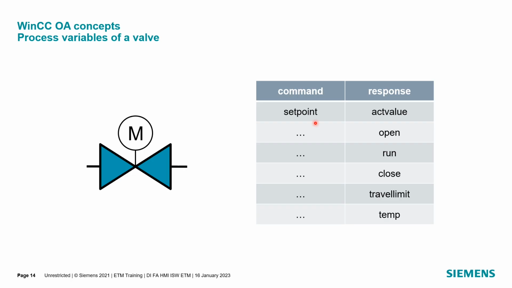The motor-driven valve will fulfill this task and drive to the wished set point, and we get feedback about the actual value, or whether the state is completely open, or the motor is running, or we have a closed state, or maybe a malfunction on the travel limit. So an alarm is triggered, or we have a problem with the temperature of the motor, which causes an alarm.